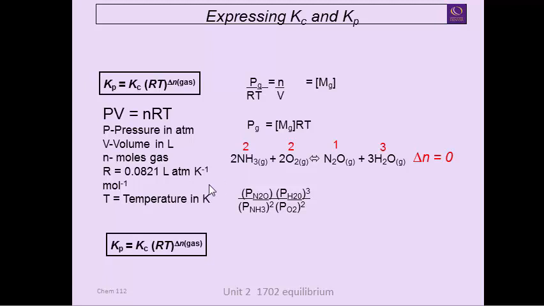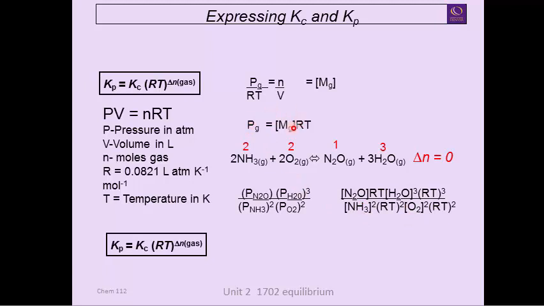Okay, so now I'm going to do this in terms of pressure. Here's the equilibrium constant pressure version. So pressure equals that. Now I'm going to do the substitution that we learned right here. Dinitrogen oxide times RT. There's water to the third, RT to the third. See what I'm doing?